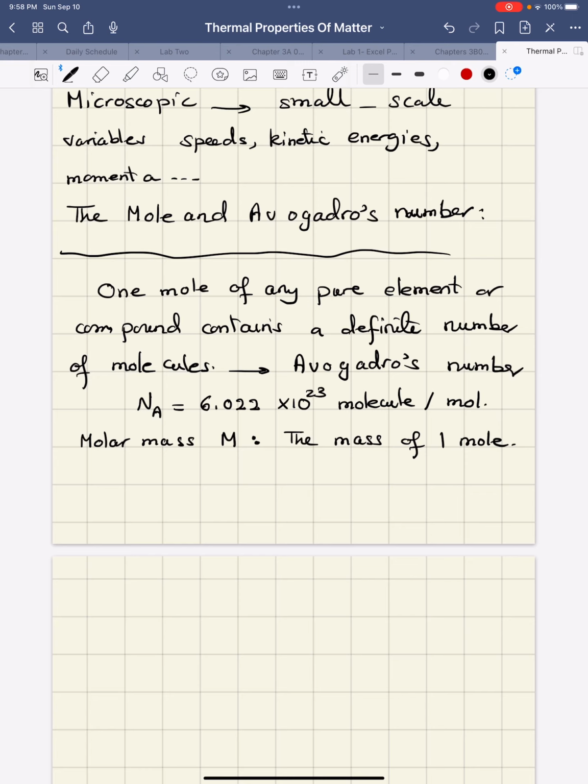Also, there is a relation between M and m. Lowercase m is the mass of one molecule or atom.